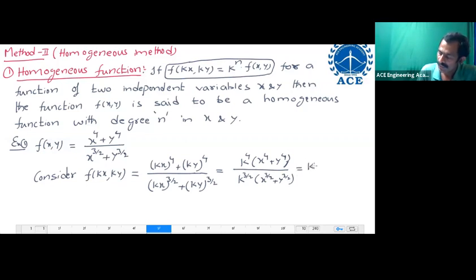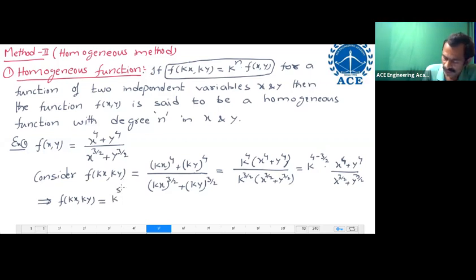This is equal to k power 4 minus 3 by 2 into the same function x power 4 plus y power 4 divided by x power 3 by 2 plus y power 3 by 2, which implies f of kx comma ky equal to, what is the value of this power? 4 minus 3 by 2. K power 5 by 2 into f of x comma y.